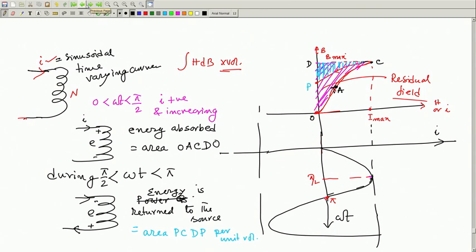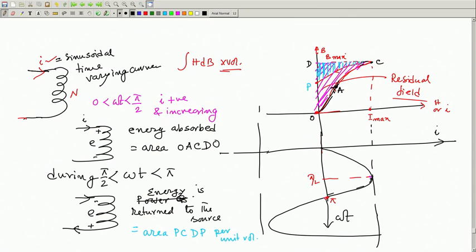When you first switch on, and suppose there was no residual magnetism present in the core, this is the BH curve. The point will go up, and when it reaches I max, this axis incidentally also represents current in some other scale, it reaches I max and correspondingly B max. During this process you have pumped energy into the system, the area of which is O, A, C, D, P, O.